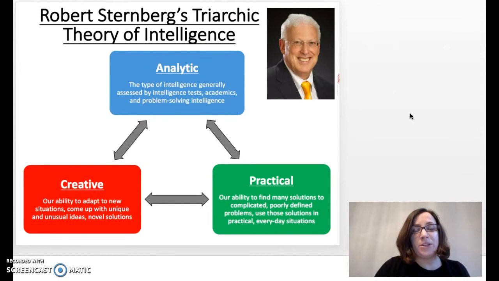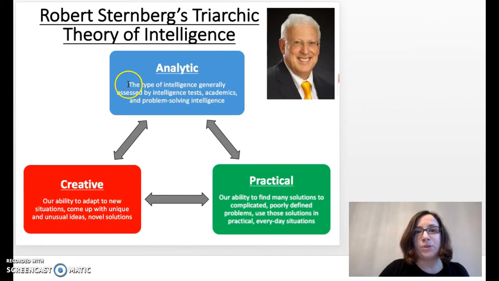And then we switched gears in psychology a little bit and started to think a bit more complexly about the concept of intelligence. Robert Sternberg was really the first person that got us thinking a little bit differently.